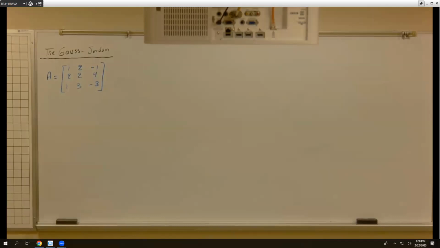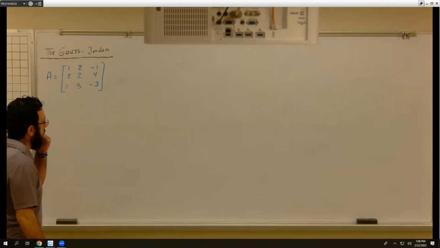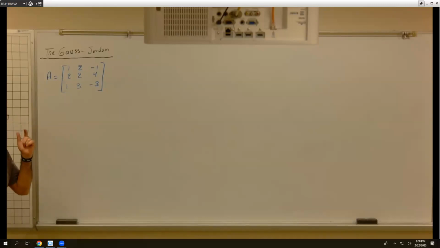So the Gauss-Jordan method, he said, okay, what about if I write down the matrix A with the identity matrix and try to do these operations on both at the same time? I'm going to convert this matrix to identity. What's going to be the result on this side?